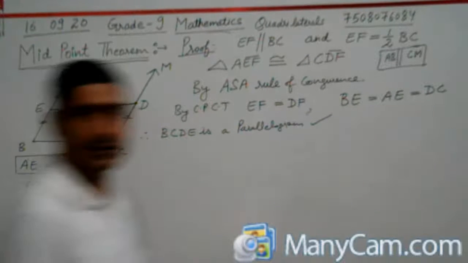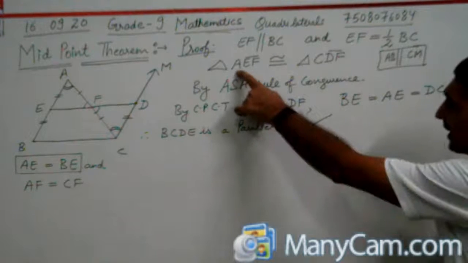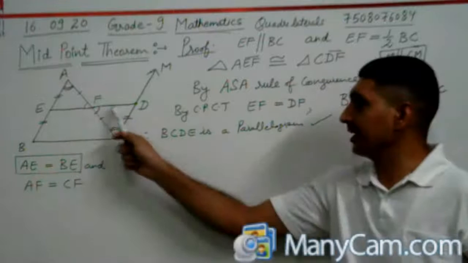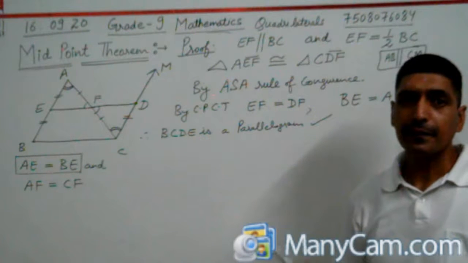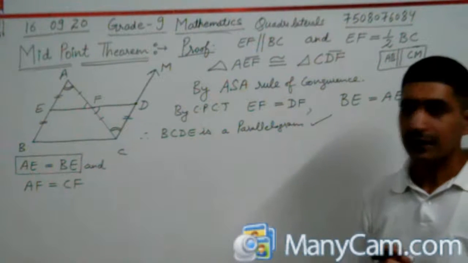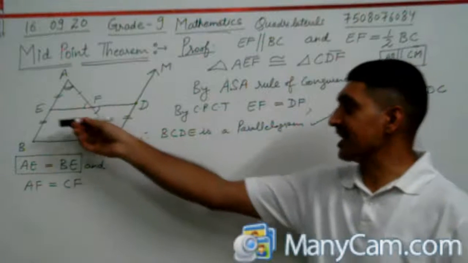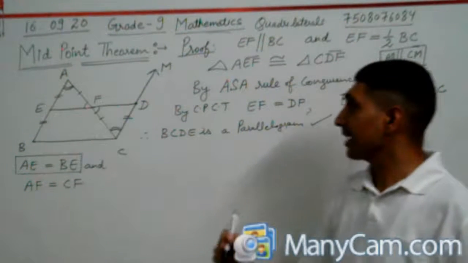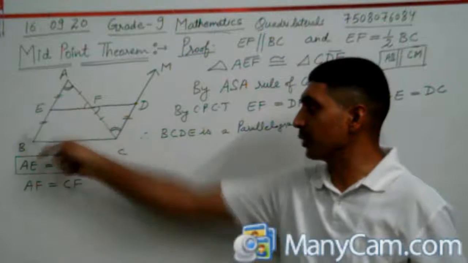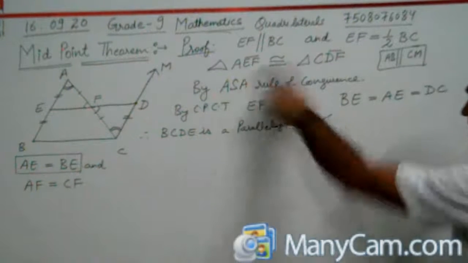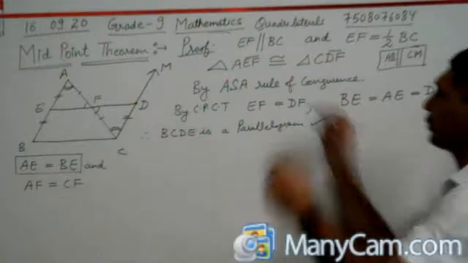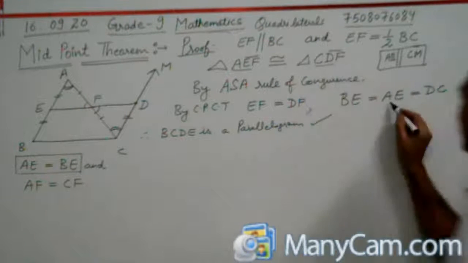Let me repeat again. Once we have proved the triangle AEF congruent to CDF, these two triangles are congruent by angle side angle rule, right? Now the triangles are congruent. CPCT says EF is equal to DF. Already we have BE is equal to AE. But here CPCT says that AE is equal to BC.